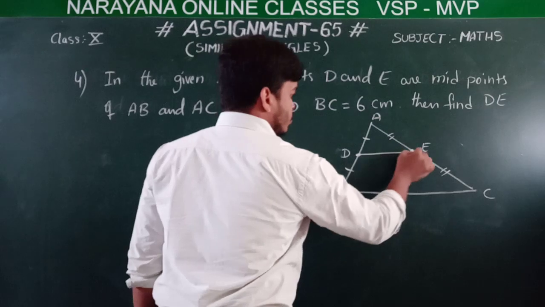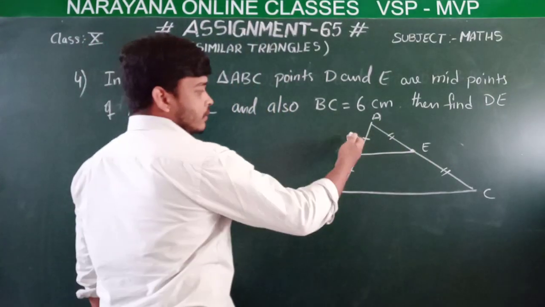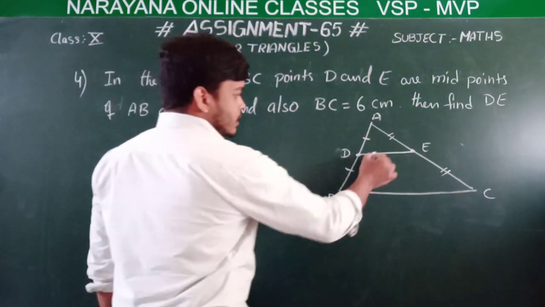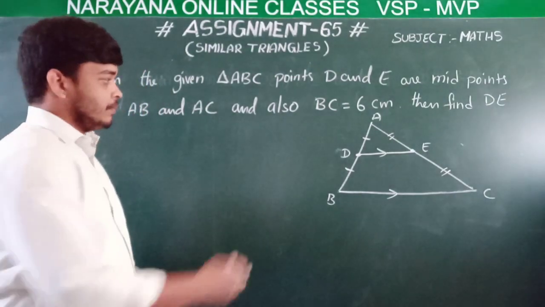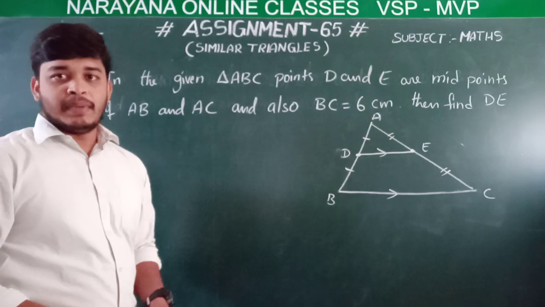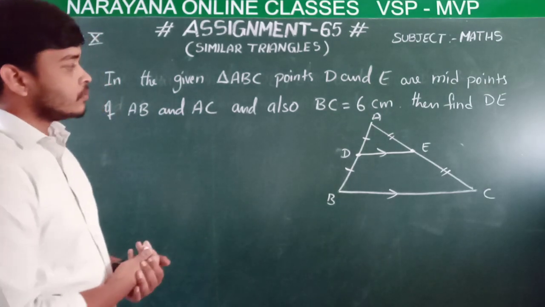If you join these two, by the converse of the basic proportionality theorem, since they are midpoints, the sides are divided proportionally. It means DE is parallel to BC, right? The converse of the basic proportionality theorem.